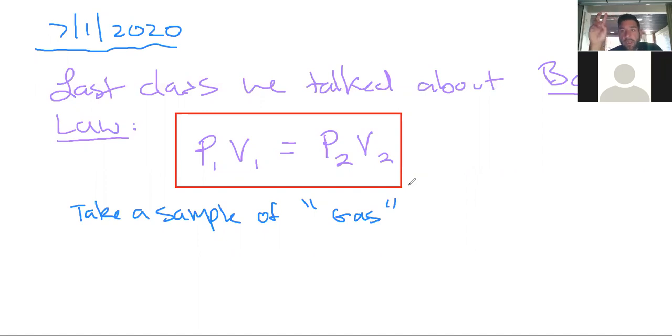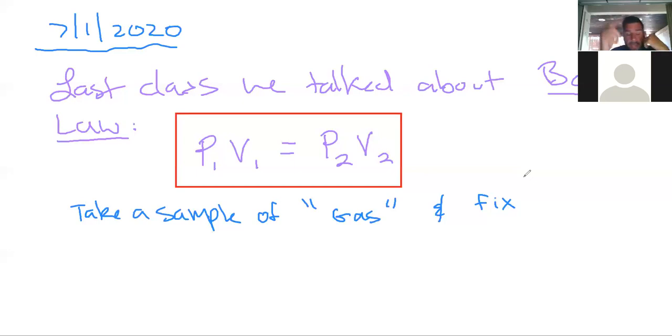So you take a sample of gas, and what we stated is there are four quantities that we use to describe it: temperature, pressure, volume, and the number of moles. Let's imagine in an ideal world, or in a fixed environment, we can take those four quantities and keep two of them fixed.